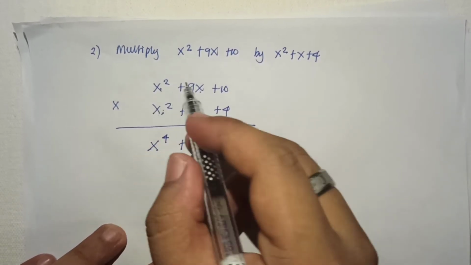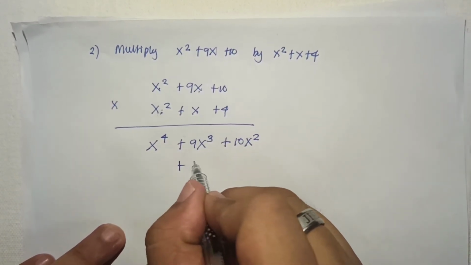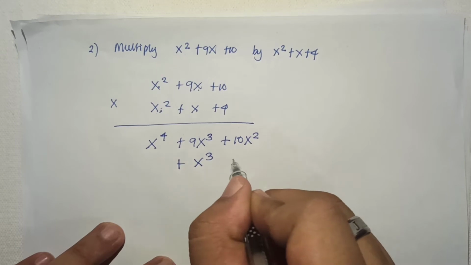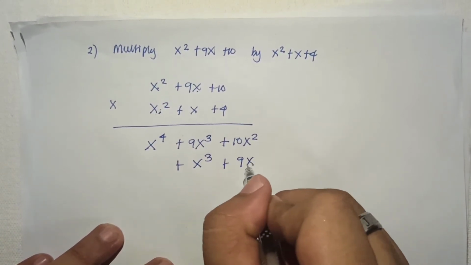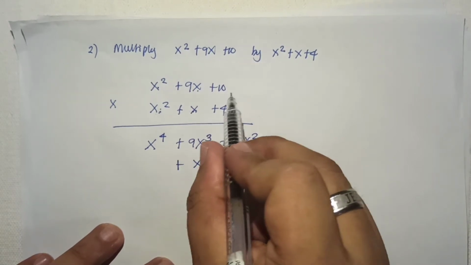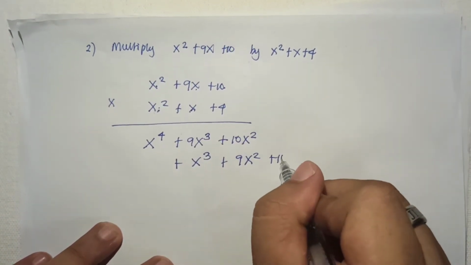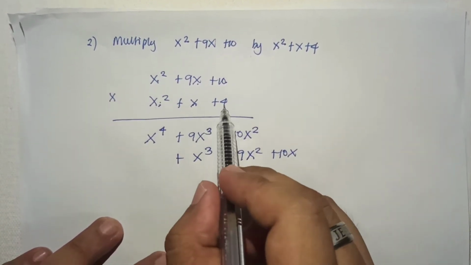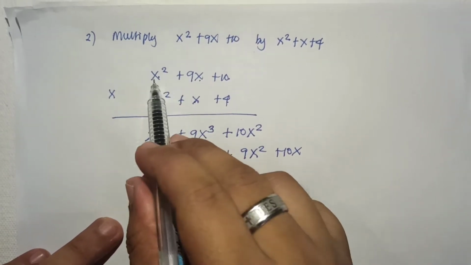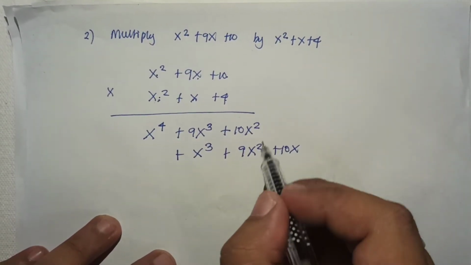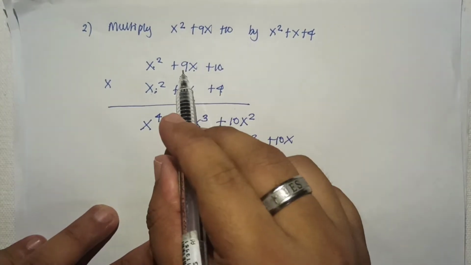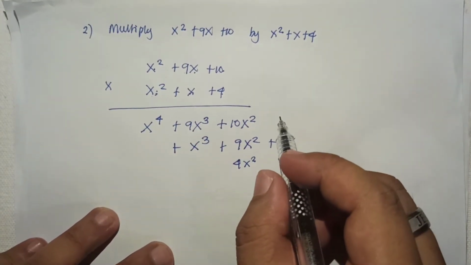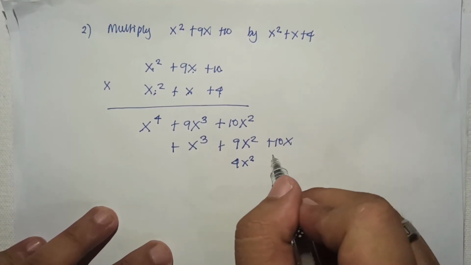Then x times this part is x cubed, and this becomes 9x squared, and x times 10 is 10x. The next part, 4 times x squared is 4x squared. And 9x times 4 is 36x.